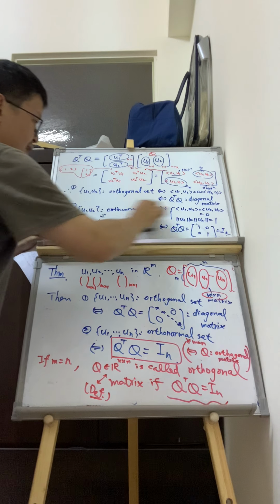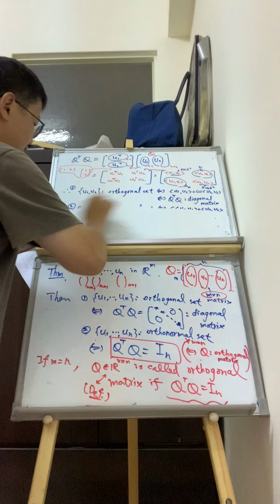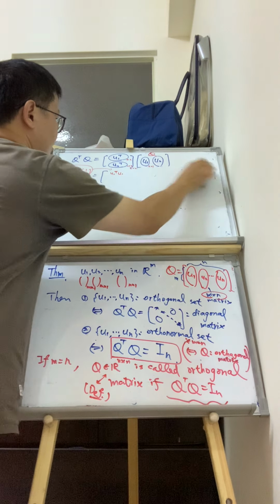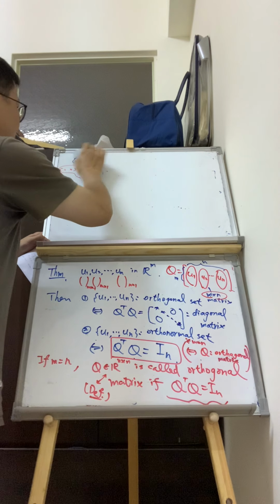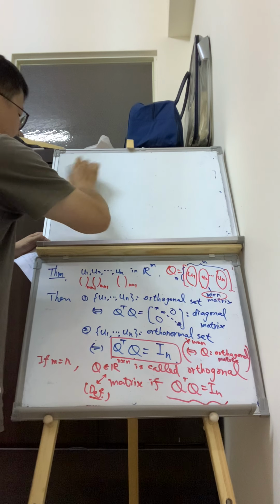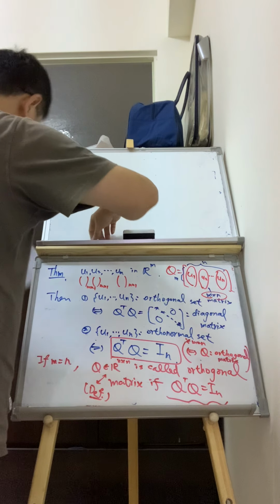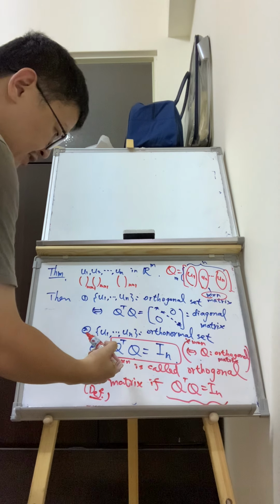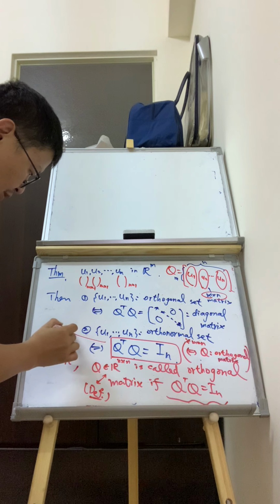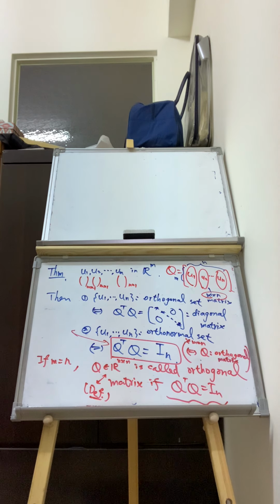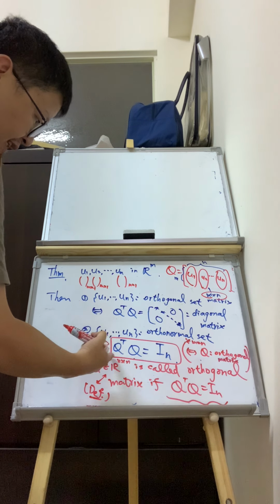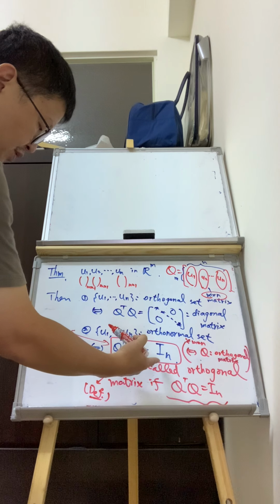Yeah, and I give you the examples. And here, orthogonal matrix means it satisfies Q transpose Q equals identity.